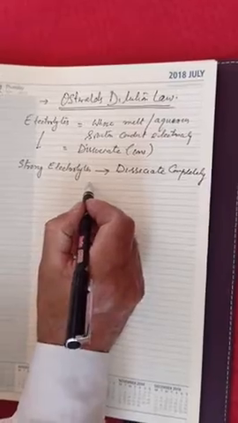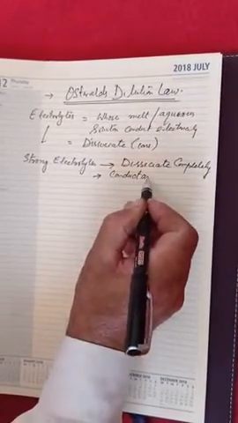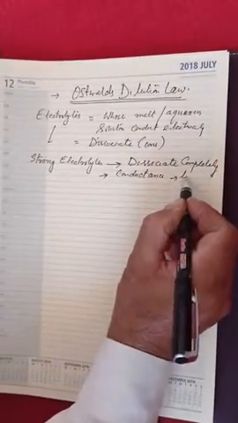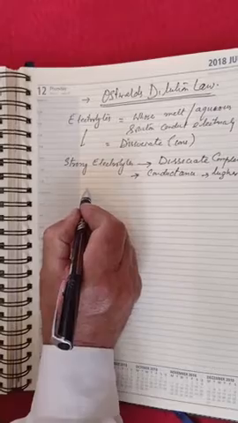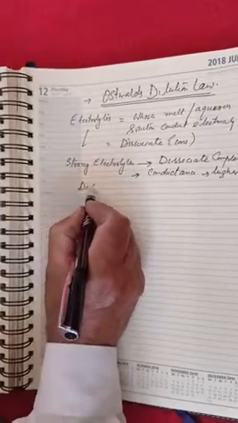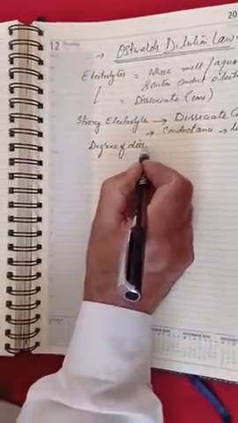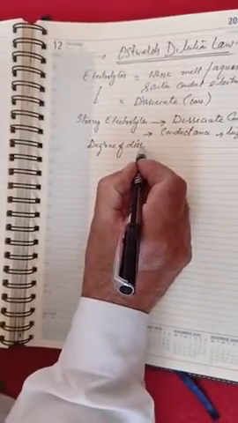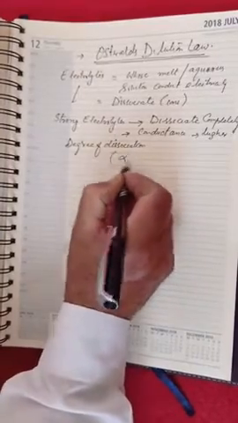That means in case of strong electrolytes, conductance will be higher as they dissociate completely. The degree of dissociation, which means the fraction of the substance that is dissociated, we denote by alpha, and it is high.